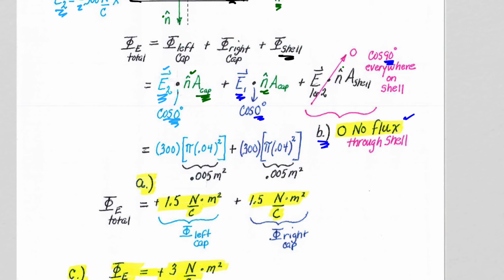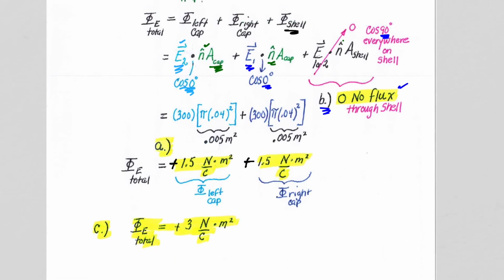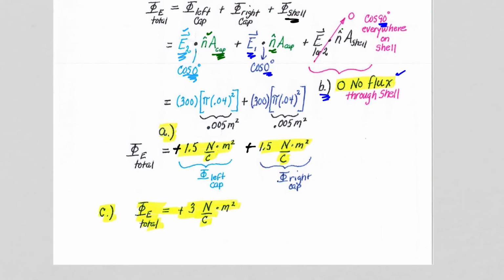So we get identical flux values, both positive, pointing outward for the electric field. So the flux is positive for both the right cap and for the left cap. And then we get our total flux, of course, is our positive 3. And the positive here means out.